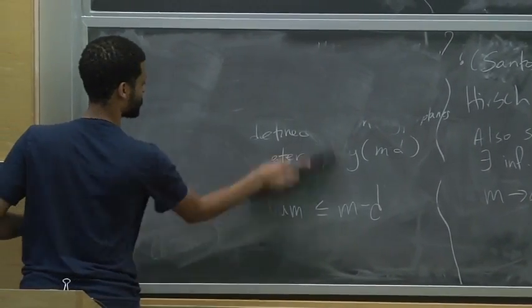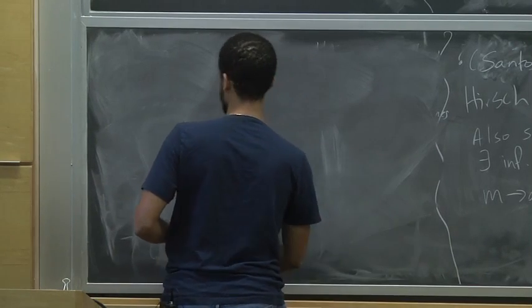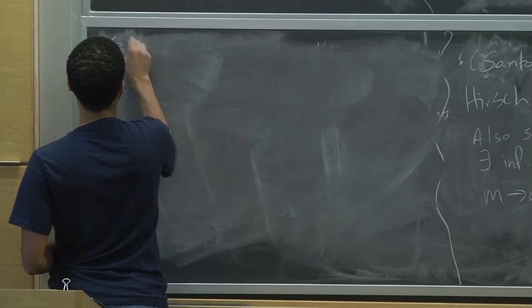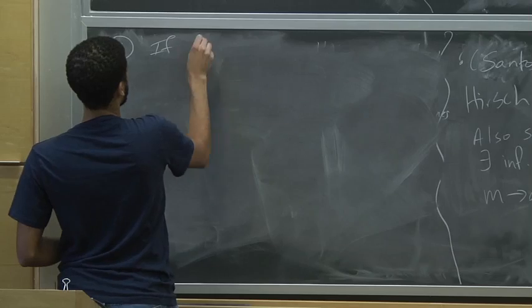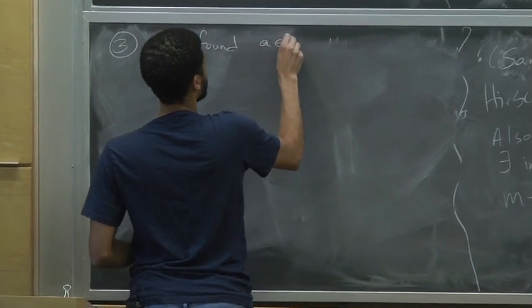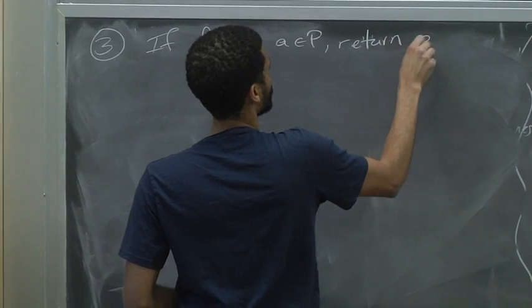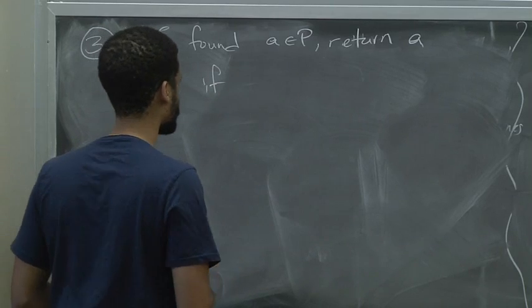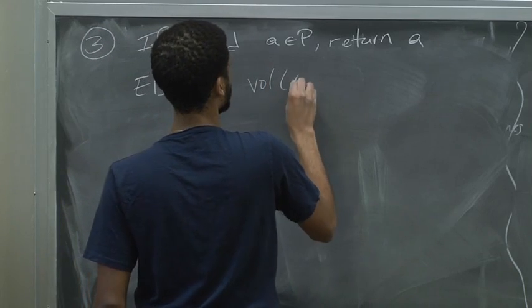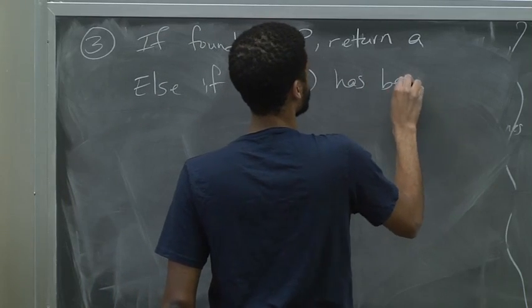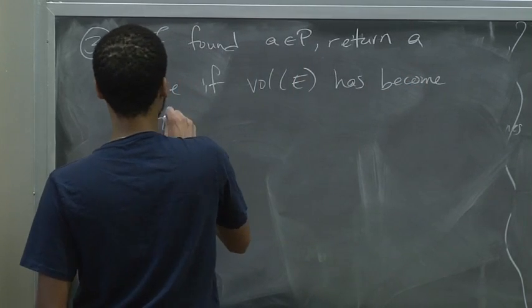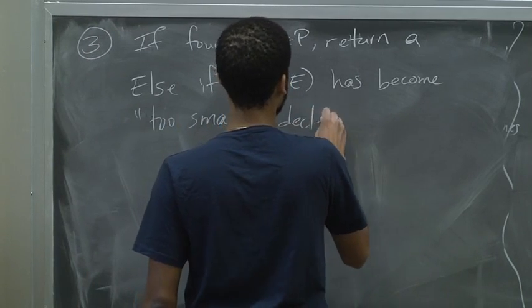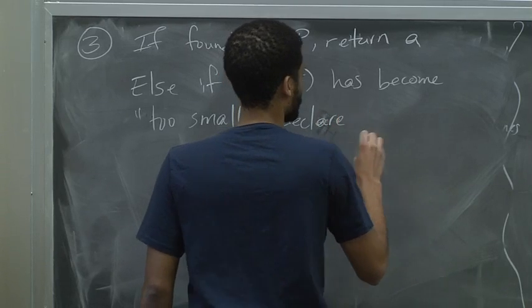And finally, if found in A and P, return A. Else, if the volume of E has become too small, I'll say what that means in a second, declare P is empty.